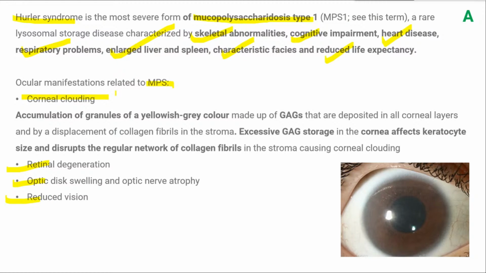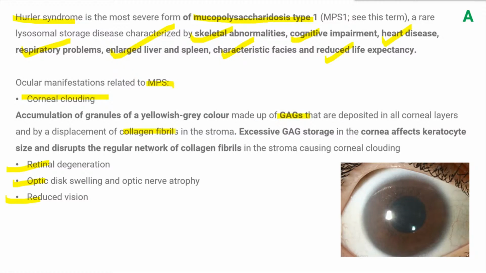Okay, why does corneal clouding occur? The underlying mechanism, I have put up the picture here of corneal clouding, will be accumulation of glycosaminoglycans, because it's a mucopolysaccharide enzyme deficiency. The GAGs are getting accumulated in the corneal layers. They are even displacing the collagen fibrils that will normally be present in the stroma.